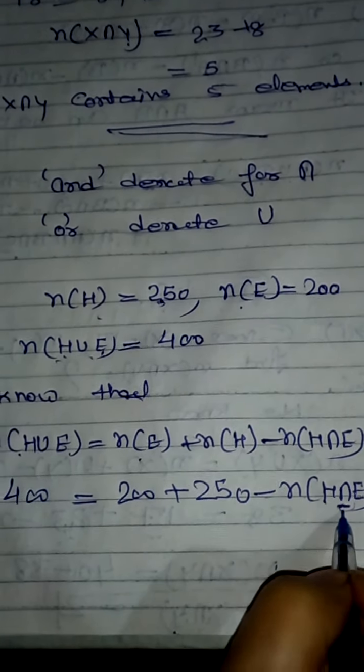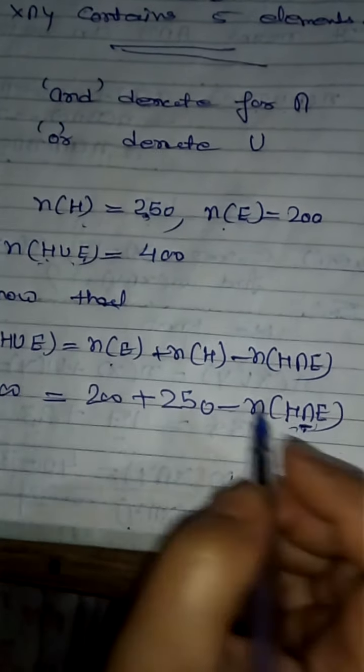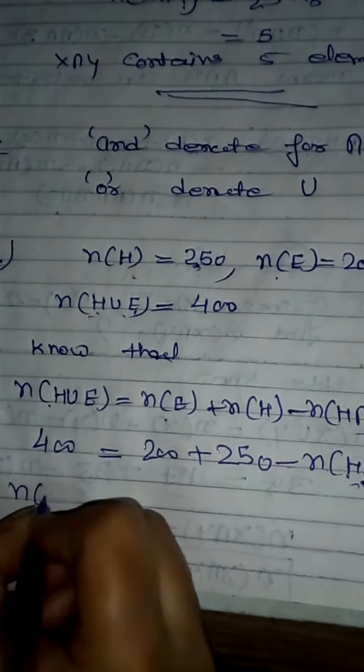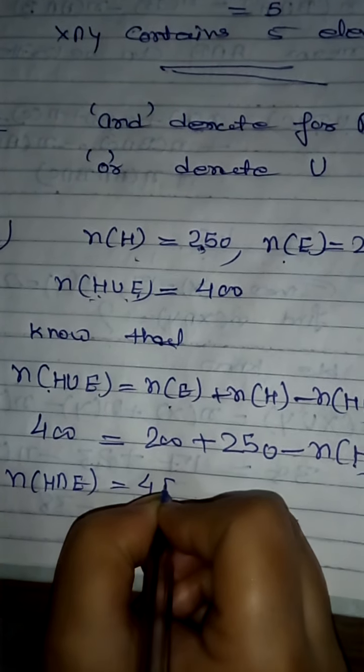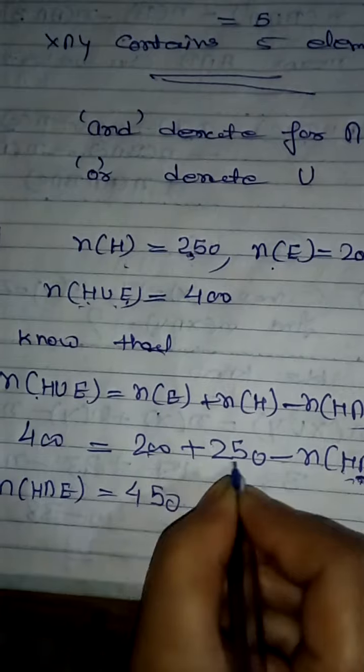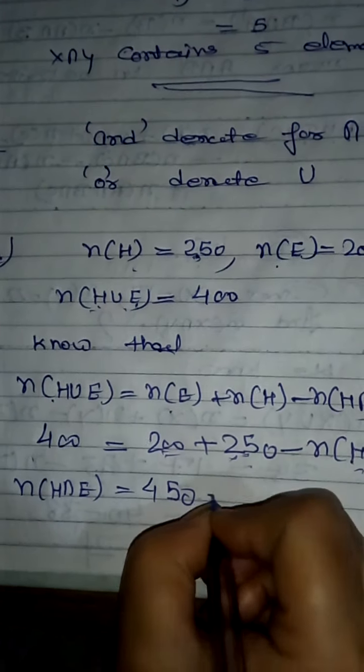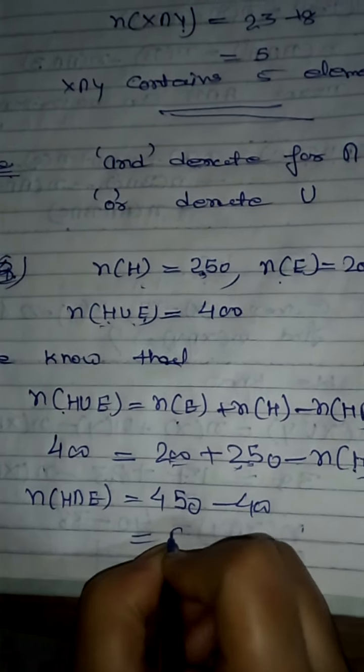So in the place of 'and', mathematically you will put intersection. So solve it. N of H intersection E is equal to 450 minus 400. Adding 200 and 250 gives 450, and transferring 400, it will come 50.